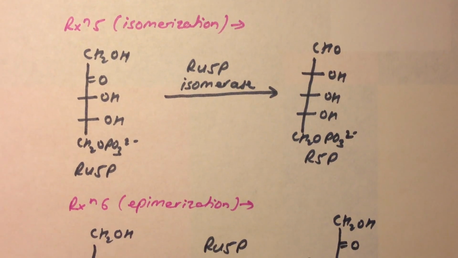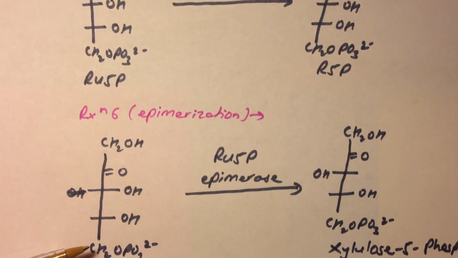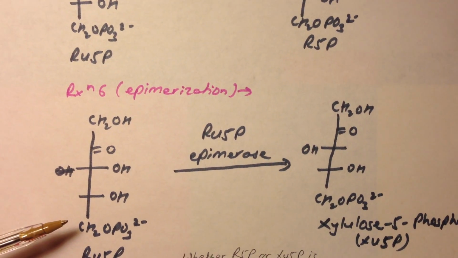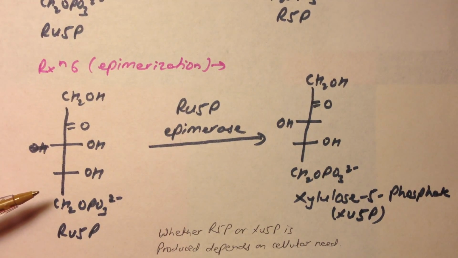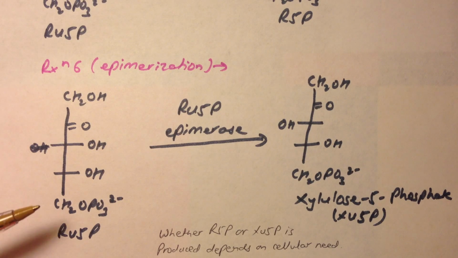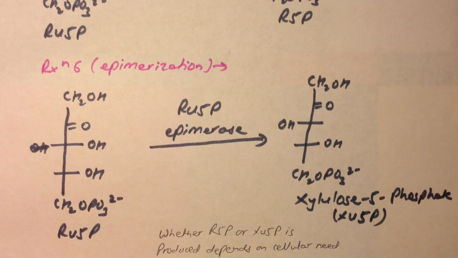And reaction 5 is epimerization, and in the epimerization stage, ribulose 5-phosphate is converted to xylulose 5-phosphate by the enzyme ribulose 5-phosphate epimerase. Epimers are two sugars that differ at one chiral center, which is the opposite.